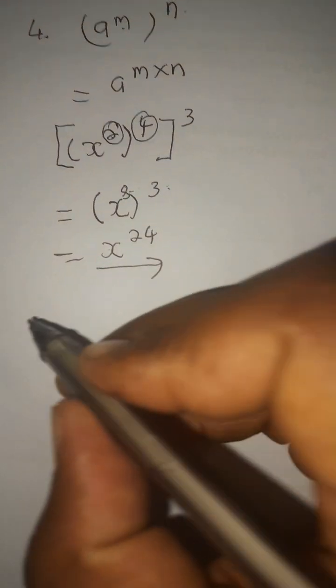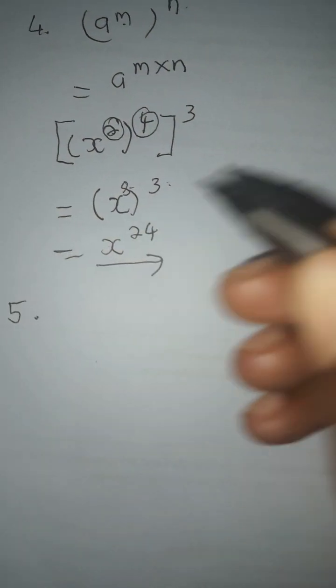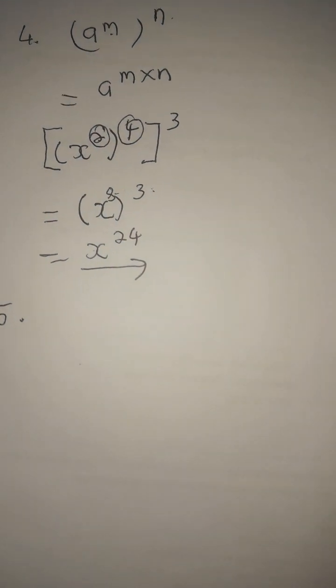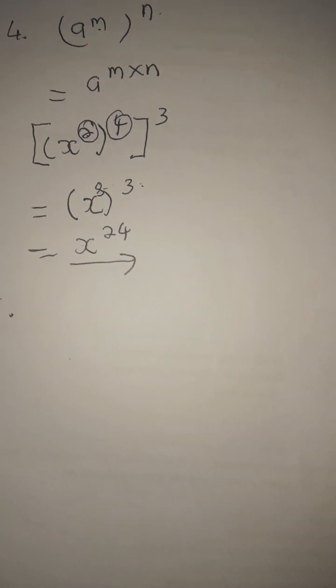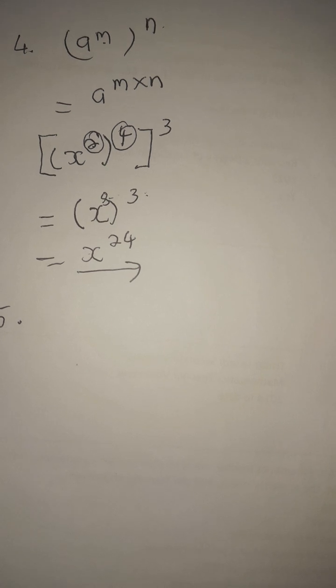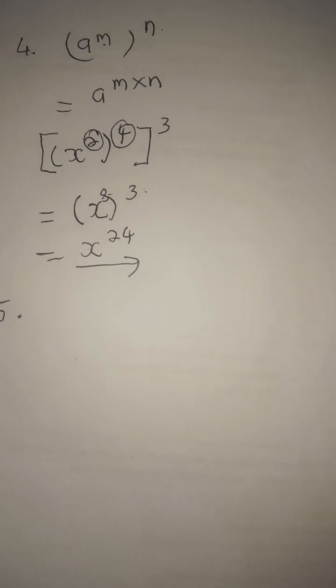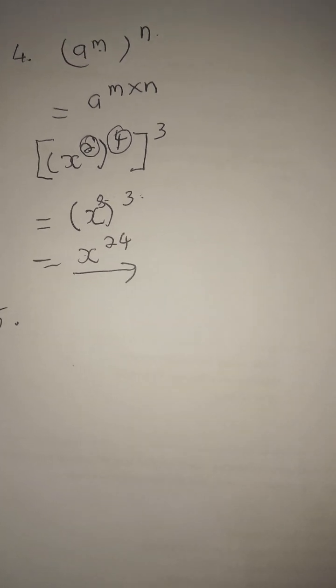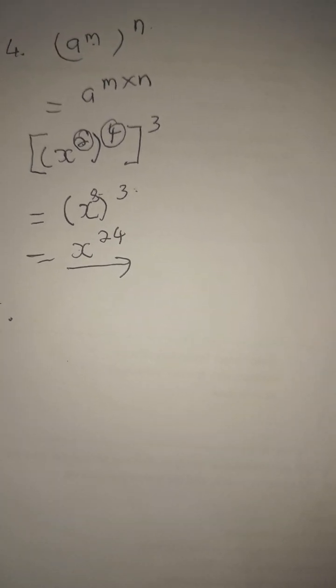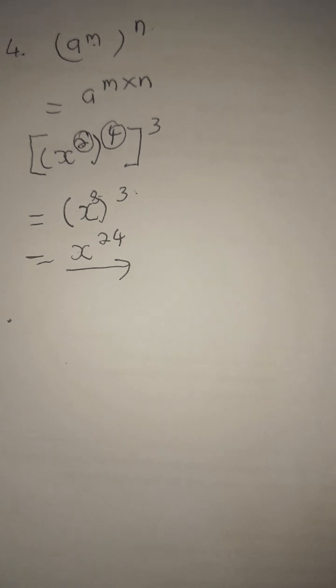Okay. The 5th one that we are going to look at, it's a very important law, raising a product to a power. I call it raising a product to a power. What do I mean? I hope you are noting what I'm saying. Very important part.